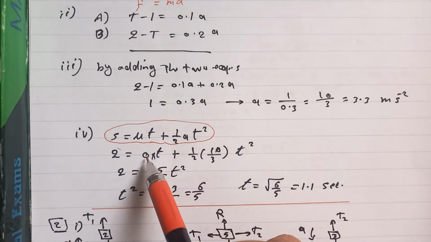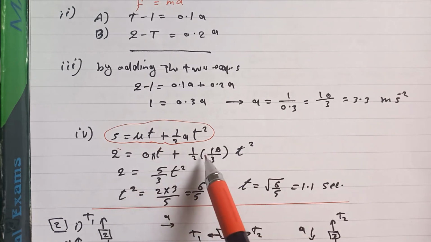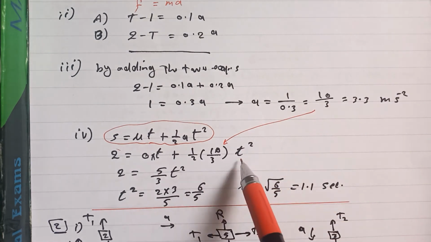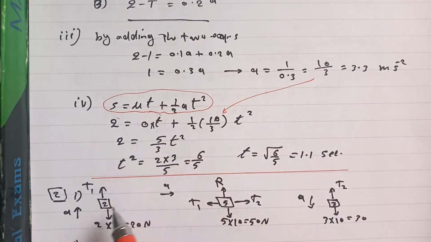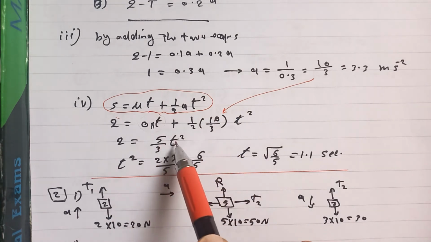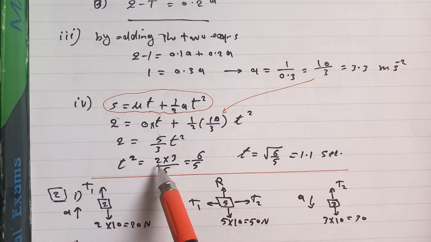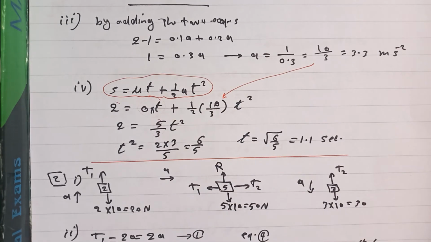And U is 0 because it starts from rest, so the velocity equals 0, times T plus half A, the acceleration, which is this one, times T squared. And we can solve this equation to get T. All this will be 0. And half times 10 over 3, it will be 5 over 3 T squared. Then flip this and take it to the other side. Then T squared equals 2 times 3 over 5, which is 6 over 5, get the square root. So it will be 1.1 seconds until it hits the ground.